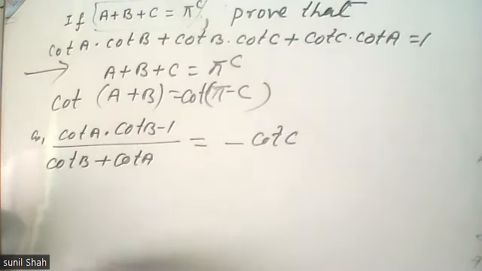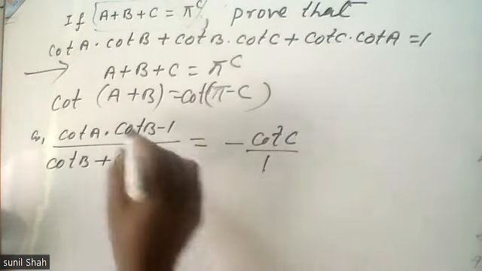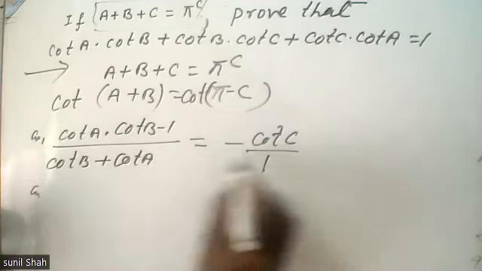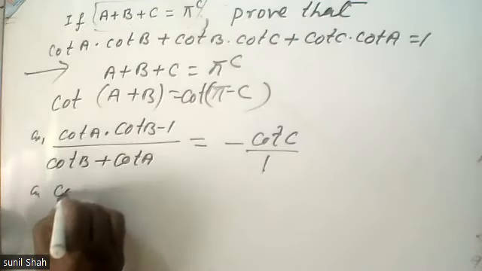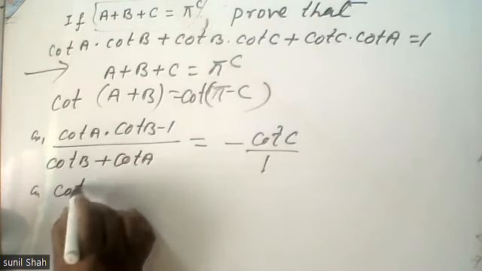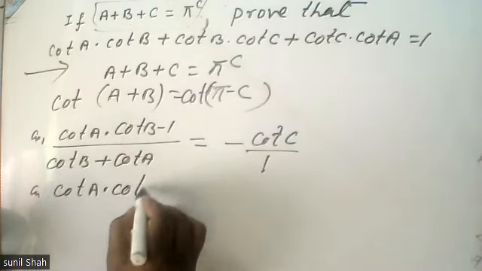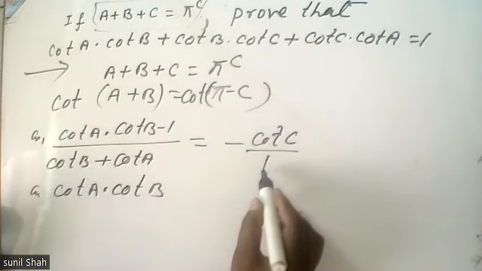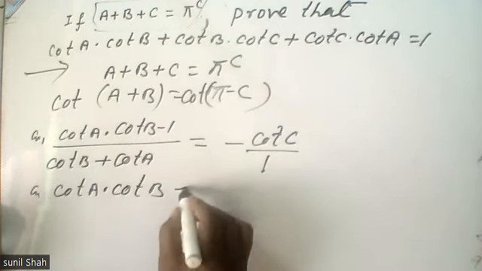So theta is here. Again multiply this by this and this by this. Cot A plus cot B, multiply cot A into cot B by this one, so it will be cot A into cot B. Again minus 1 with this, so it will be minus 1.